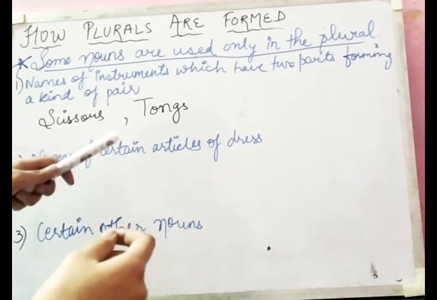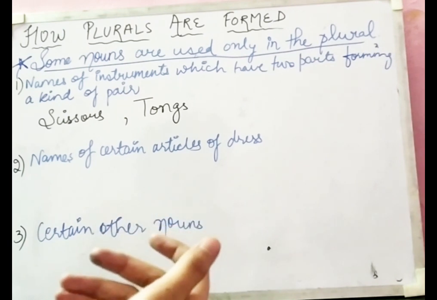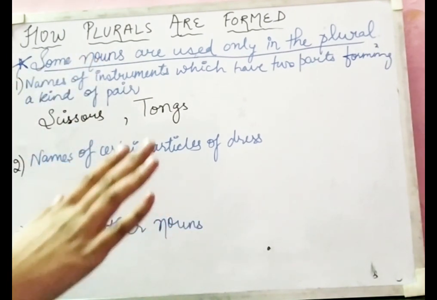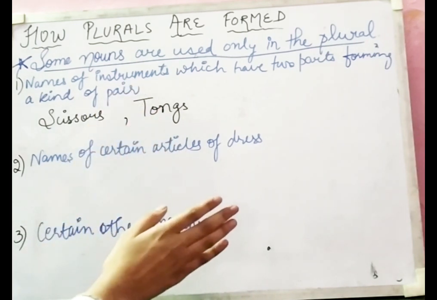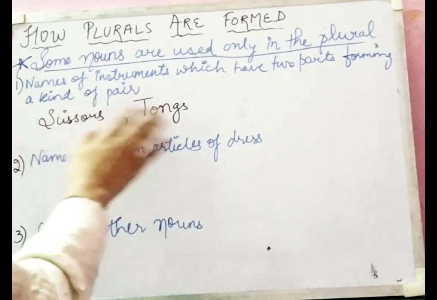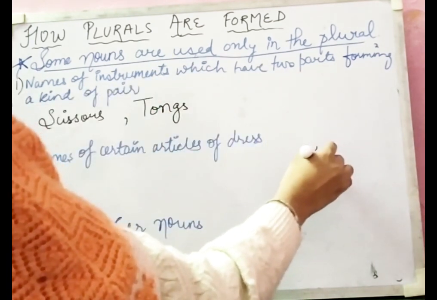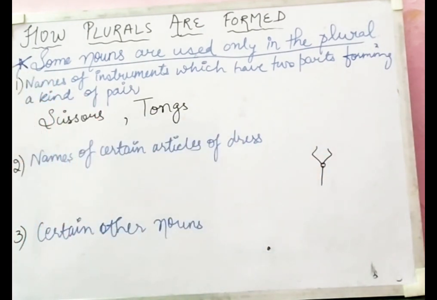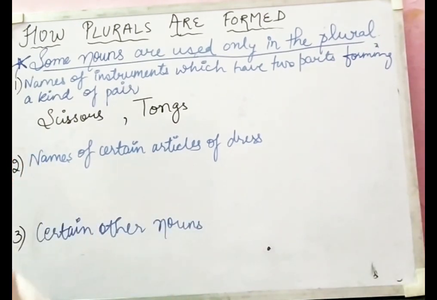Similarly in the kitchen you have a chimta. Tongs are similar to scissors, something like this. I am not a good artist, so I am just making it brief. So this is the example of this.